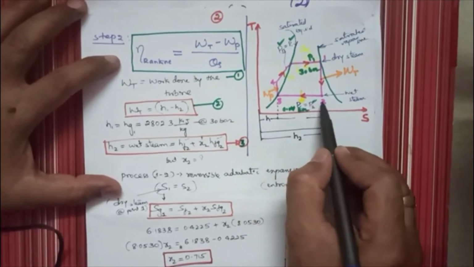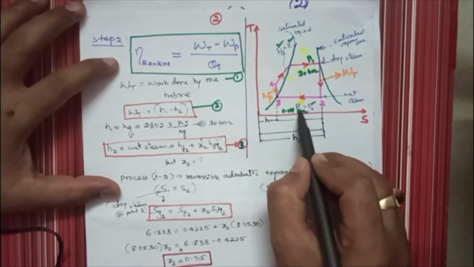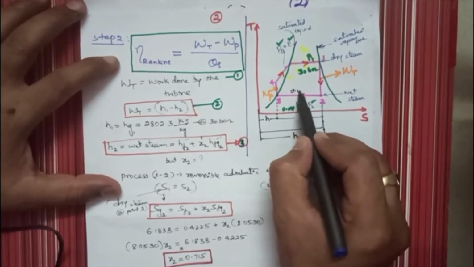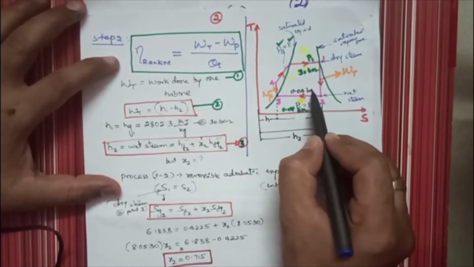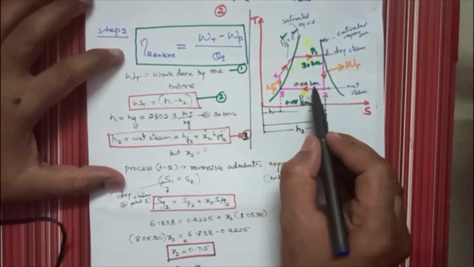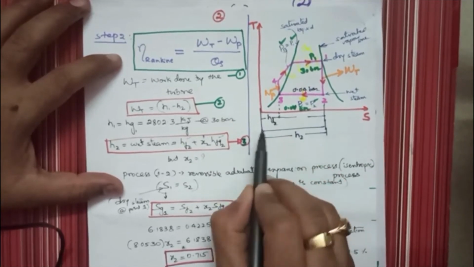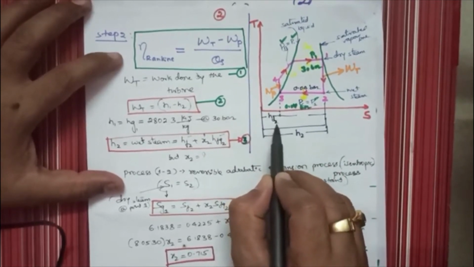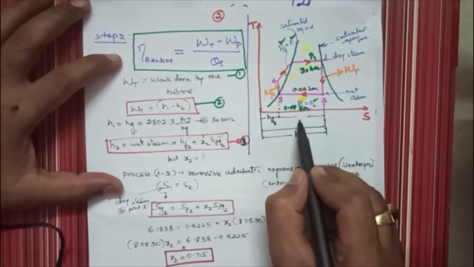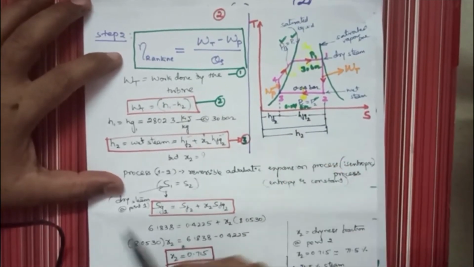Point number 2 as well as point number 3 is at condenser pressure, that is 0.04 bar. So at 0.04 bar, I will take the HF value. Point number 2 is at pressure 2, not this point. Similarly, HFG at pressure 2.